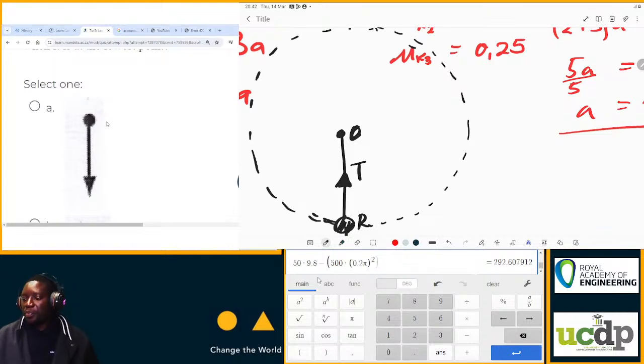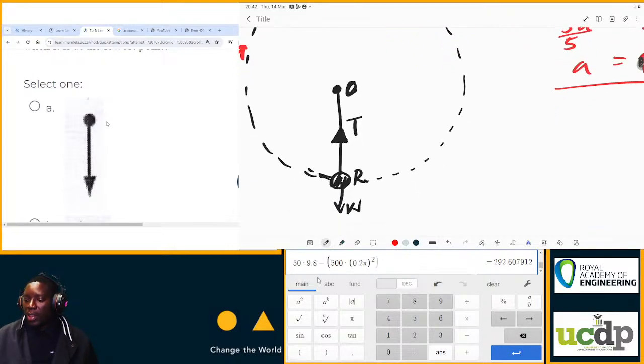Then what other forces could be acting on this rock? Are there any other forces acting on the rock?